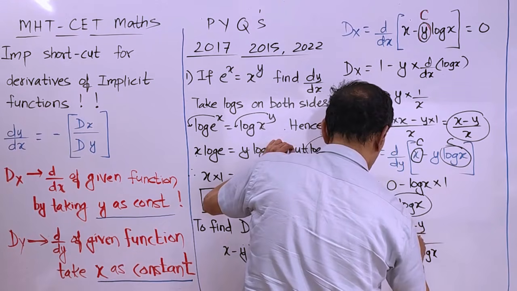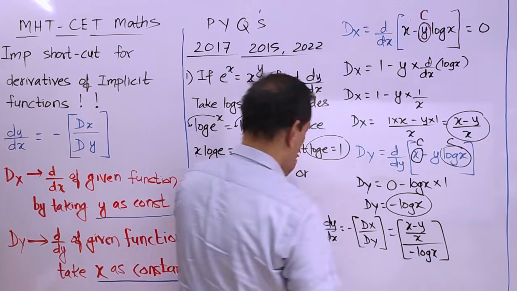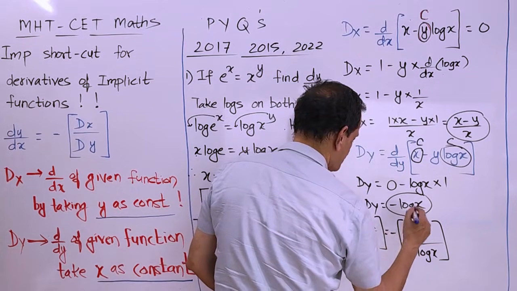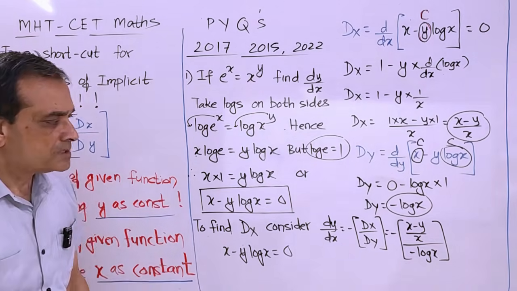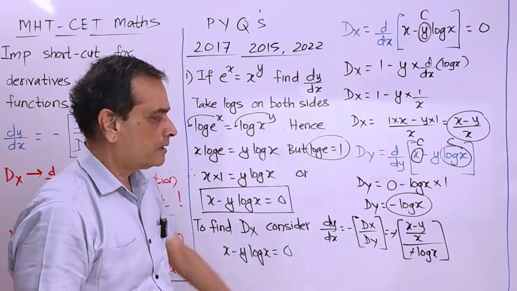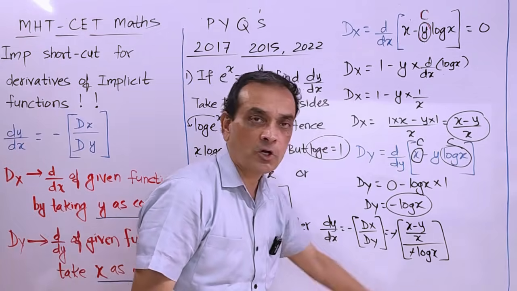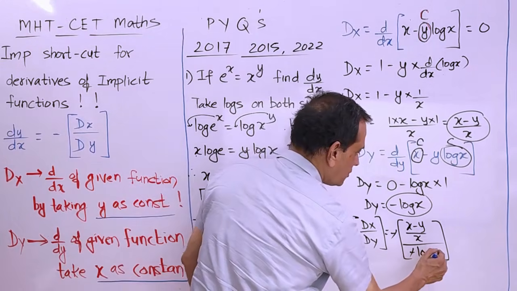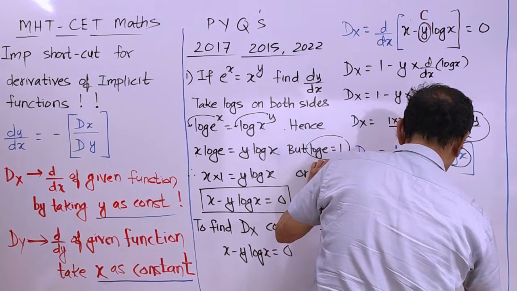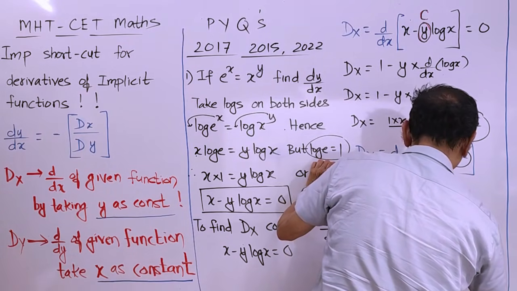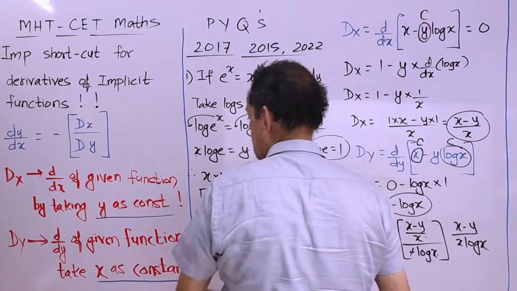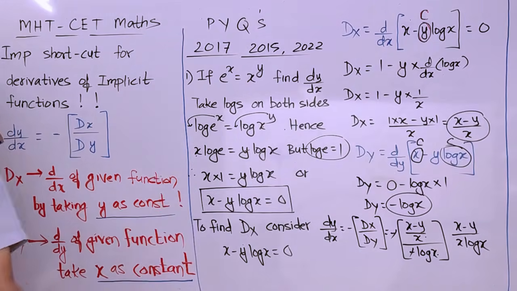And there is a minus sign outside this, so neglect the minus sign. If you do numerator into reciprocal of denominator, log x will go along with this, it will not go up. So final answer is (x minus y) upon x log x. That is the final answer, dy by dx.